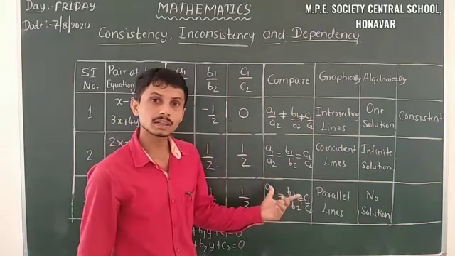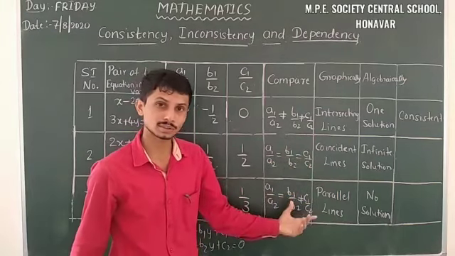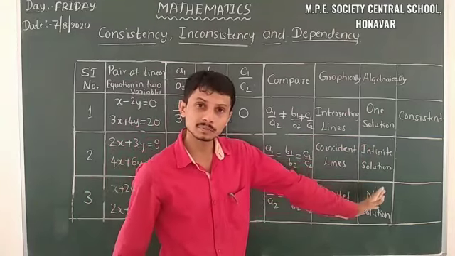When the pair of linear equations in two variables holds this condition, a1 by a2 is equal to b1 by b2 is equal to c1 by c2, so there are coincident lines and there is an infinite number of solutions.